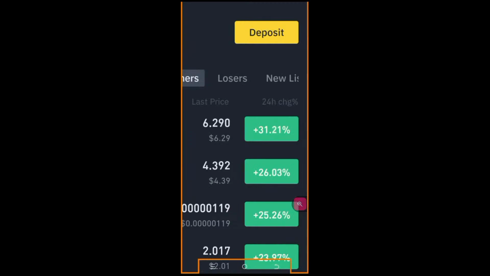When you see that a coin is already plus 31.21%, it means that at least in the next 24 hours, and this was just within the 24 hours time frame, it would not fall below 15%. The reason is that there's no way within the next 24 hours that it will totally go flat.